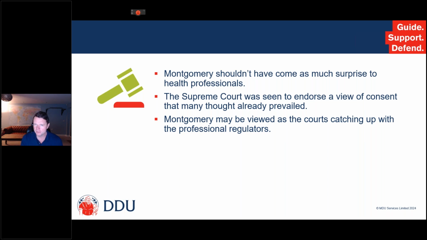So in a way, the Supreme Court and the Montgomery judgment was really seen to endorse a view of consent that many thought had already prevailed, because our professional regulator was already requiring this of us. So Montgomery really could be viewed as the courts catching up with the professional regulators.